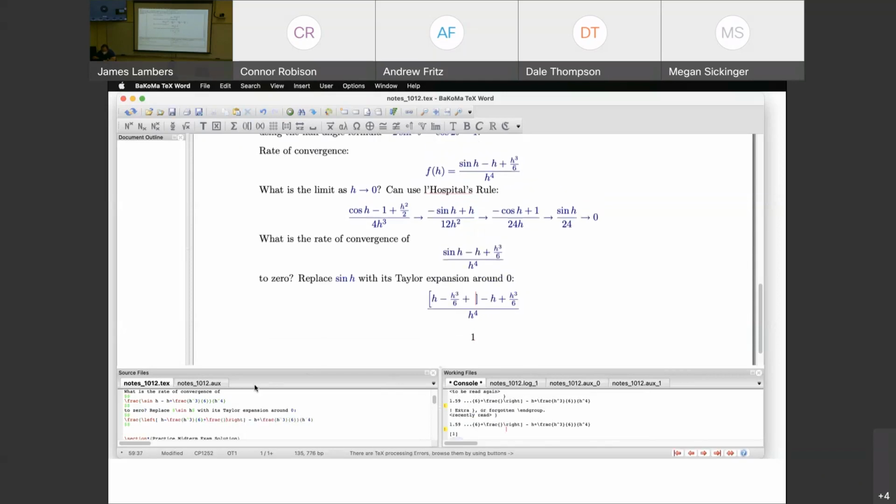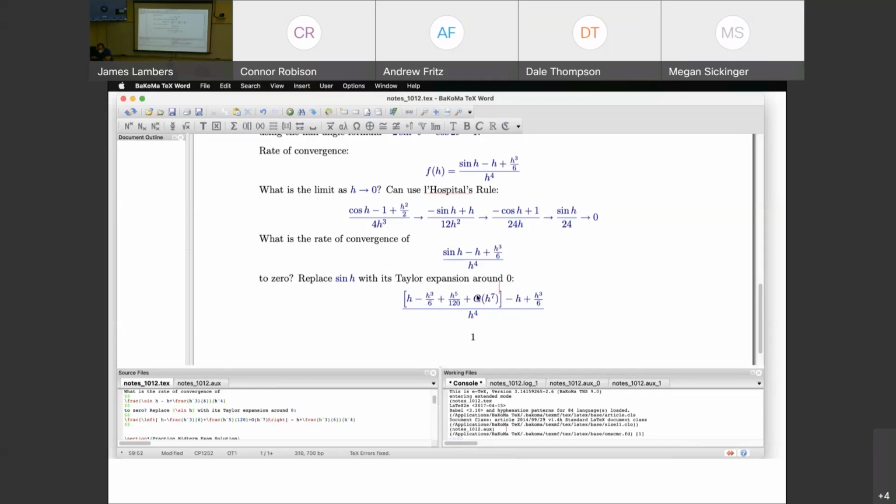Or what I can do is be lazy about it. The next term is h to the 5th over 5 factorial, which is 120. Everything after that is going to be on the order of h to the 7th, since only odd powers of h are involved.